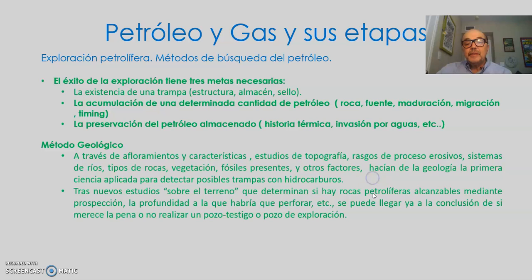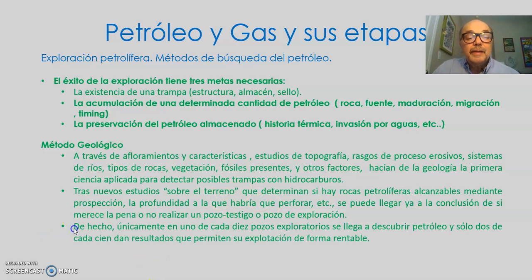And normally, when they do these deep studies, they can tell us the possible conditions of those traps, and that helps us make the decision whether we're going to drill the well or not.